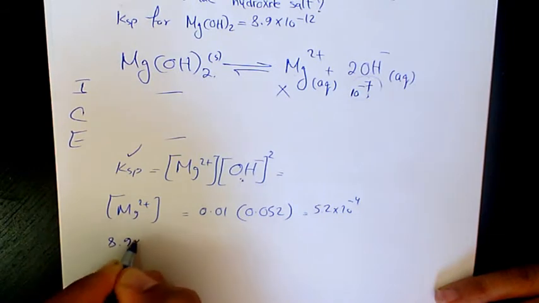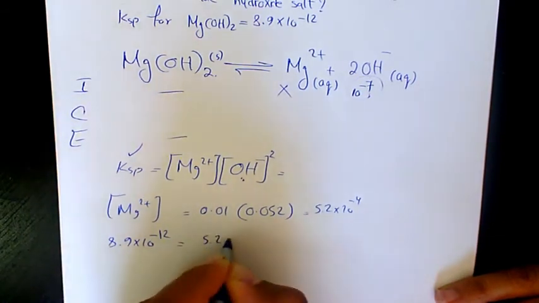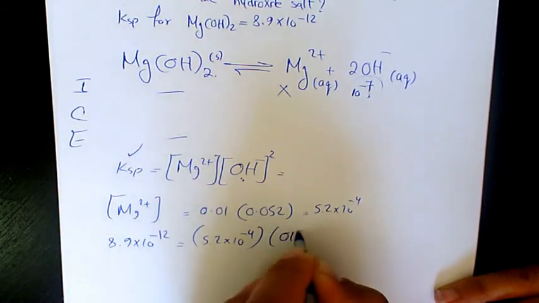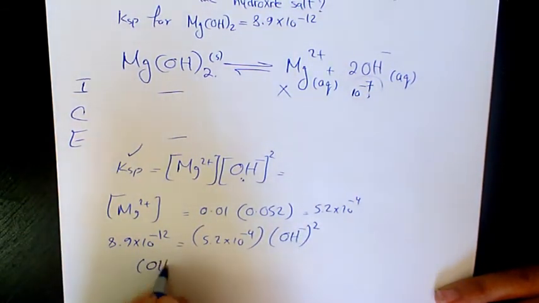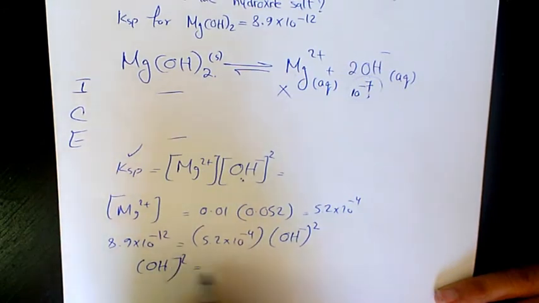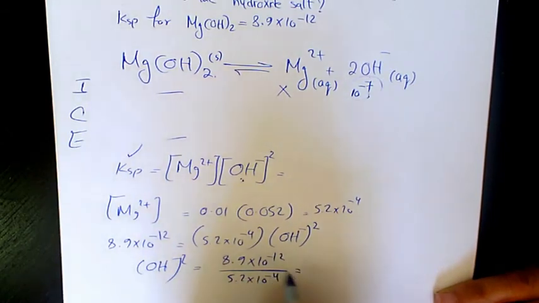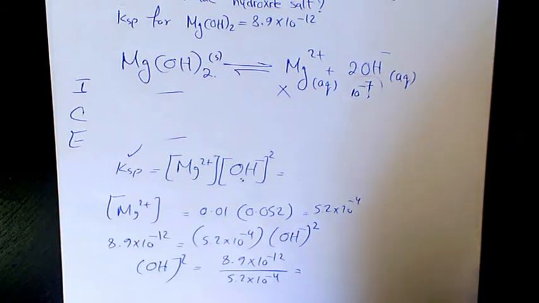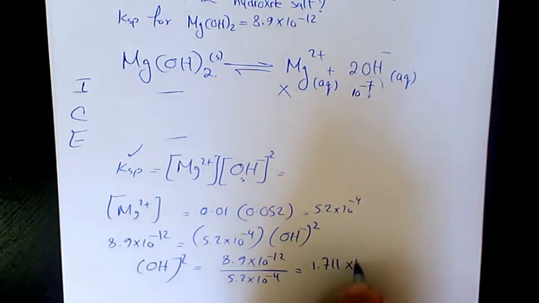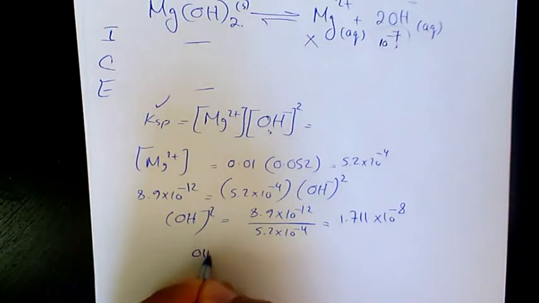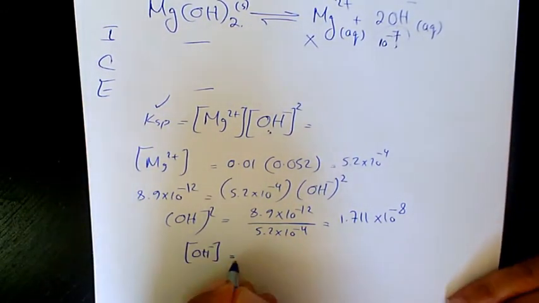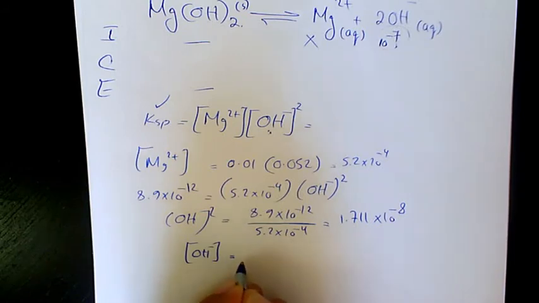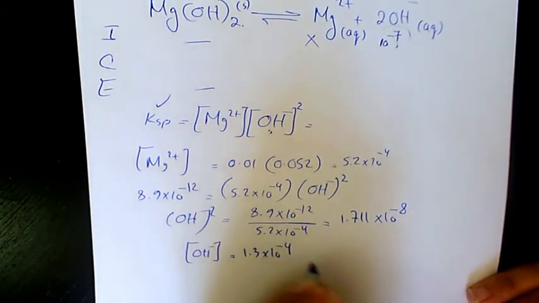KSP is 8.9 times 10 to the power of negative 12, equals 5.2 times 10 to the power of negative 4 times OH to the power of 2. So OH squared will be 8.9 times 10 to the power of negative 12 divided by 5.2 times 10 to the power of negative 4. That's going to be 1.711 times 10 to the power of negative 8. So the OH concentration will be 1.3 times 10 to the power of negative 4 molar.